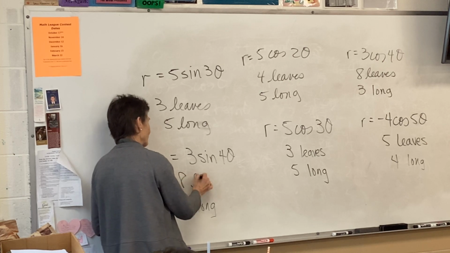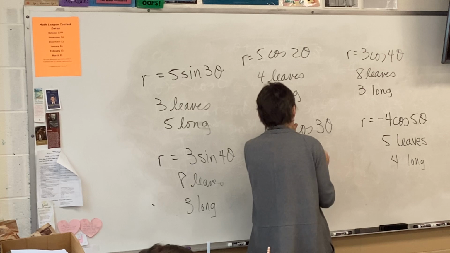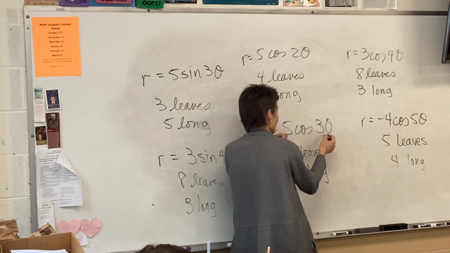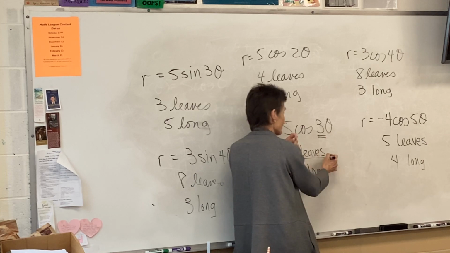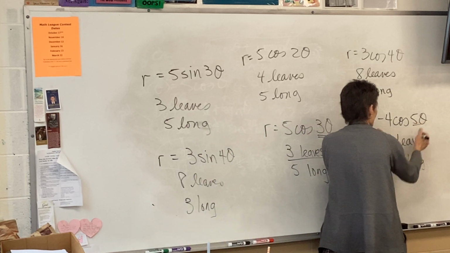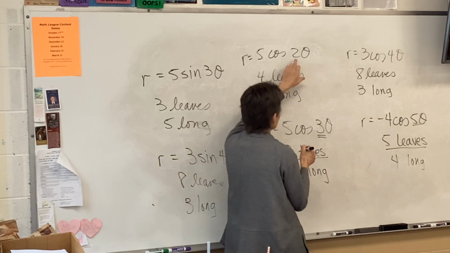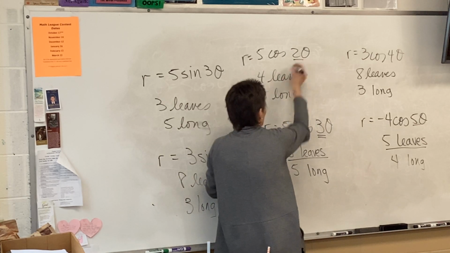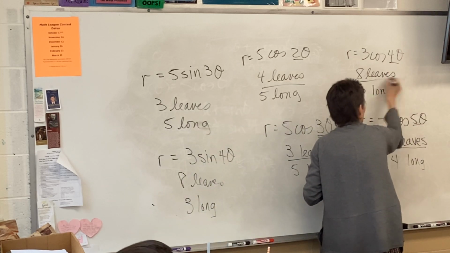There's 8. So look what happened over here. When this number right here was a 3, we had 3 leaves. When it was a 5, we had 5 leaves. But when it was a 2, we had 4 leaves. And when it was a 4, we had 8 leaves.